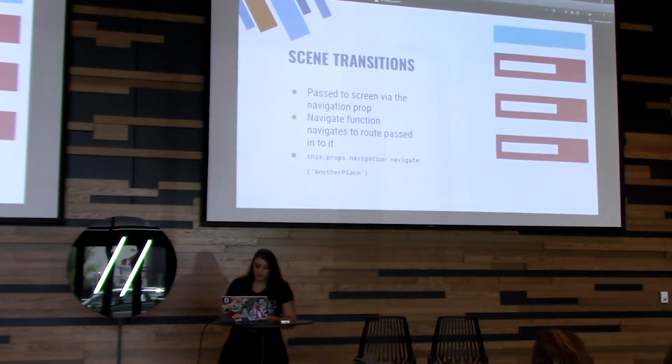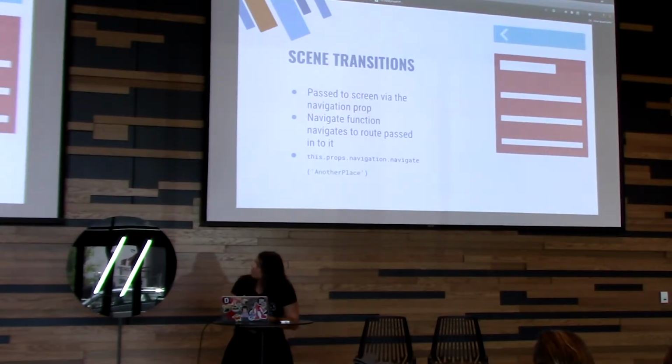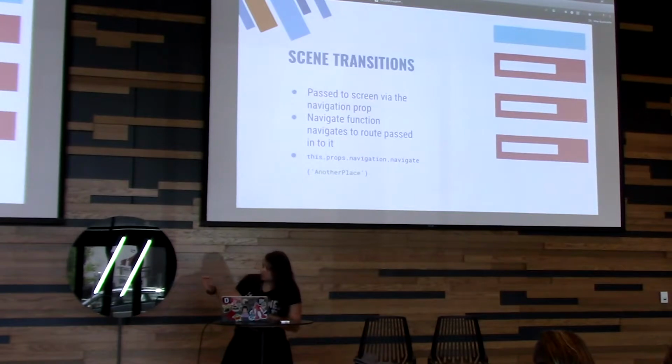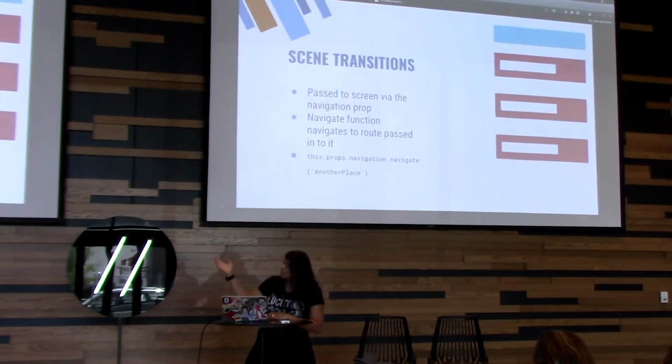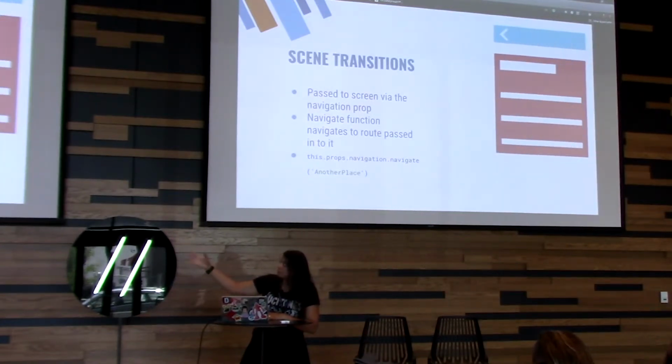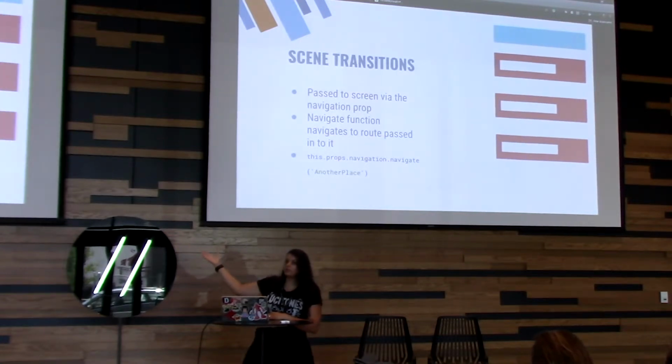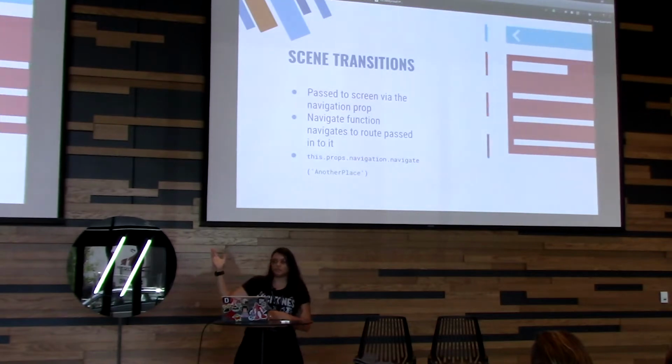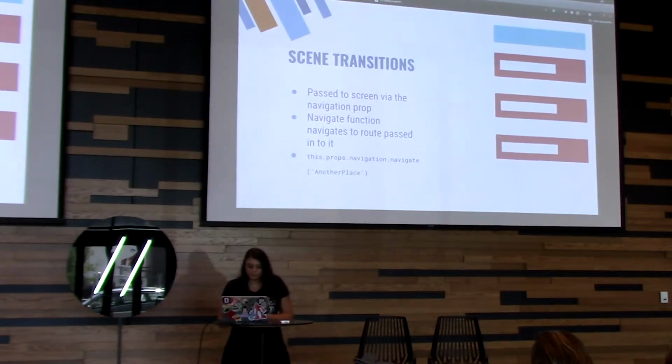So I've got my code here that shows how we would reference that within props. If I wanted to go to the page called Another Place, I would simply call on the prop navigation, and tell it to navigate to another place.